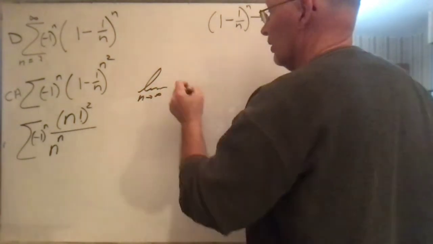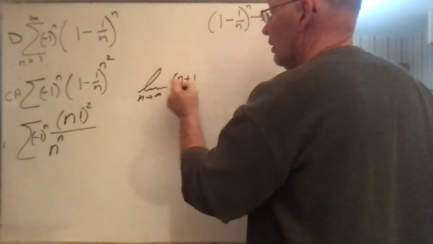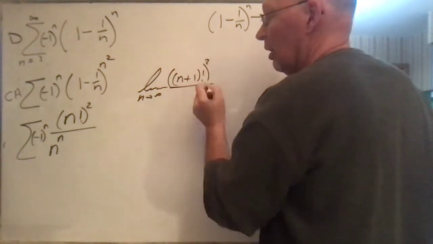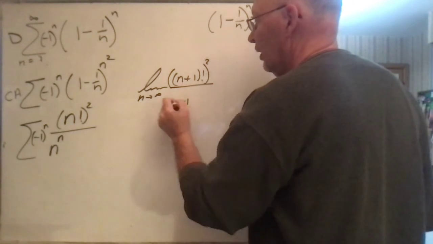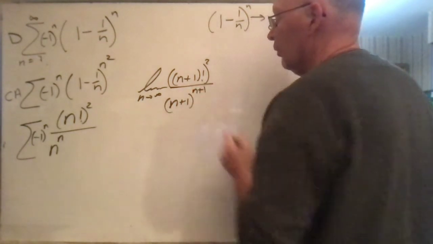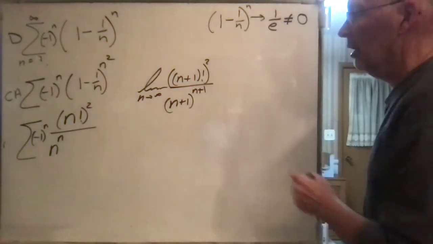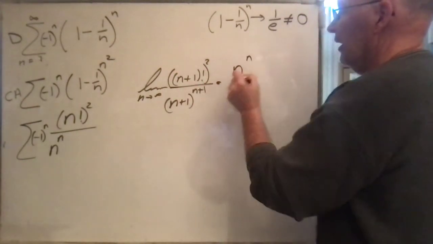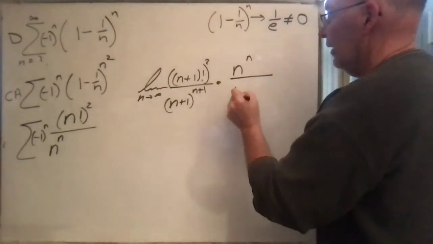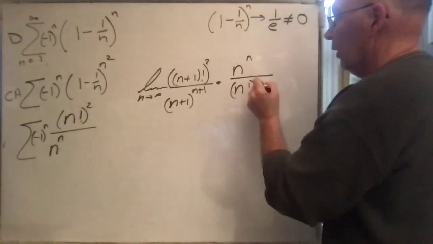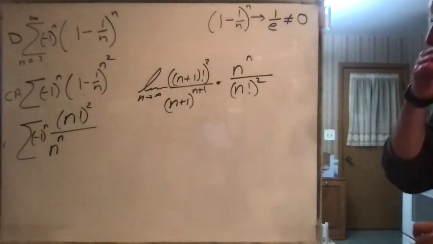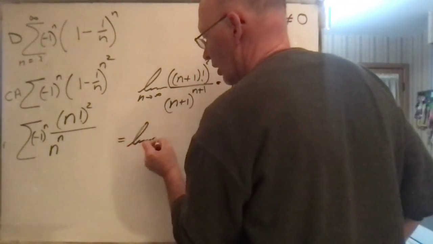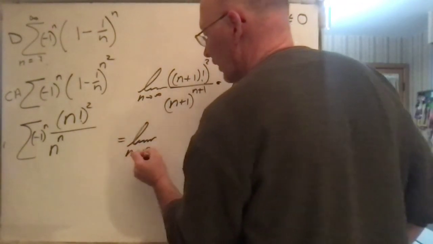So, you're going to go what? n plus 1 factorial, quantity squared, all over n plus 1 to the n plus 1, agreed? All divided by, so that means I'm going to flip it over and multiply, n to the n, all over n factorial quantity squared. Limit as n goes to infinity.